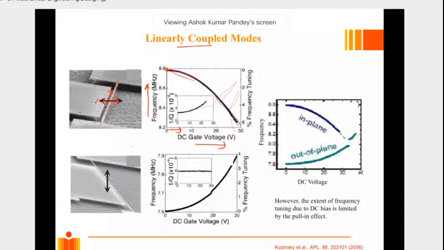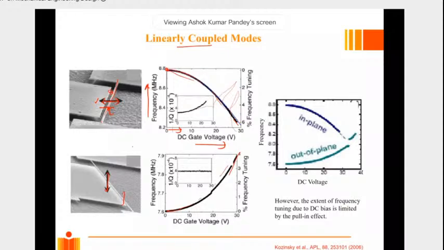Similar to that for the out of plane motion, where this gap is very large and it is not electrostatically excited in this direction, only the stretching is happening in this particular direction, but this mode will pick up that stretching and you will see that the frequency will start increasing. Okay, when the frequency starts increasing, what will happen? This is what I was talking about.